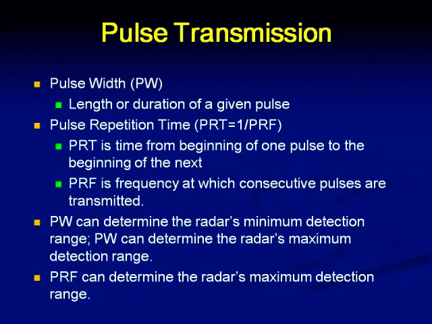Pulse width can determine the radar's minimum detection range and also the maximum detection range. The PRF can determine the radar's maximum detection range. That means how far the target can be so that it is properly detected by your radar system. Similarly, how close the target is so that it is still detected by the radar is the minimum.